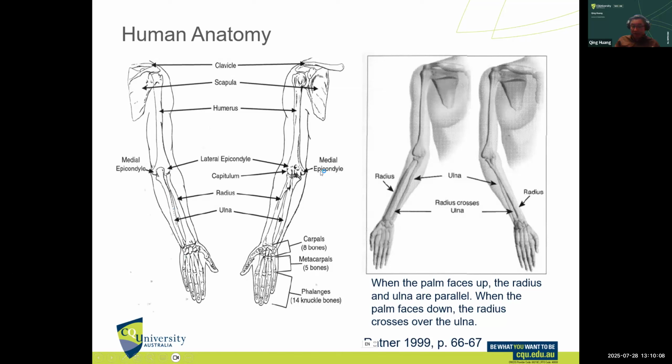And you also have the radius and the ulna, which crisscross when you flip your arm. When the palm faces up, the radius and the ulna are parallel. When the palm faces down, the radius crisscrosses over the ulna. It's a fun fact: you don't need to twist your arm to flip your palm.